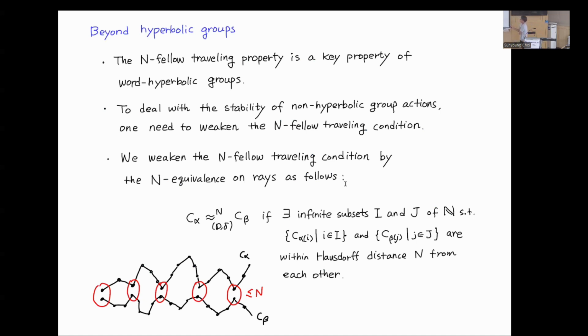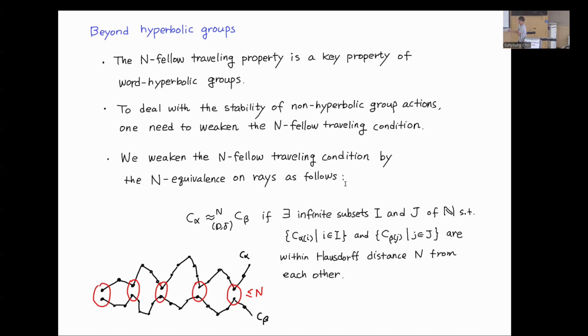We first realized that the Morse-Ferrero-Cherubin property is a very specific property involving just the Anosov hyperbolic groups. But how to weaken this property to study non-hyperbolic group actions? So here is some idea.